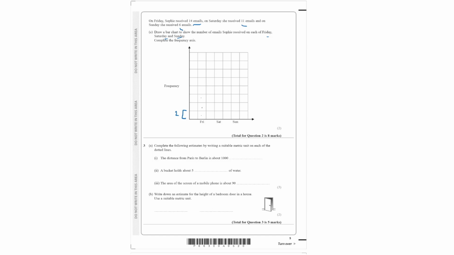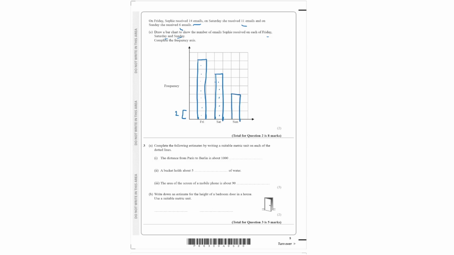So 1, 2, 3, 4, 5, 6, 7. We draw here. Okay. Saturday, she received 11, so that's 5.5. And for Sunday, she received 6. So 6 divided by 2 is 3, and that gives us our bar chart.